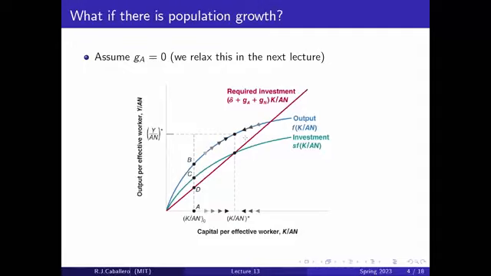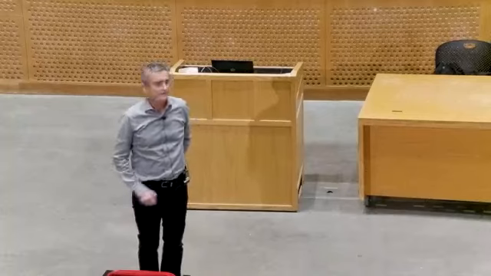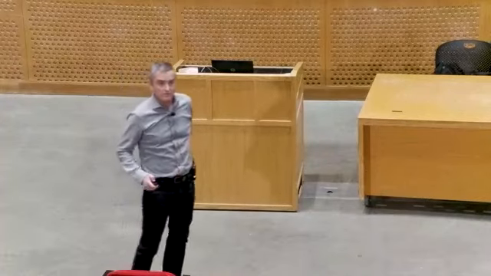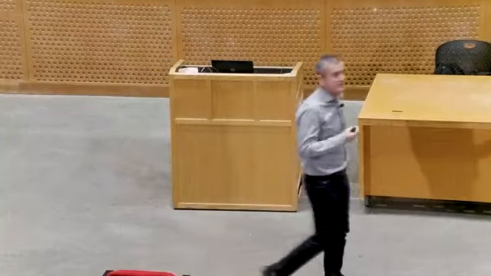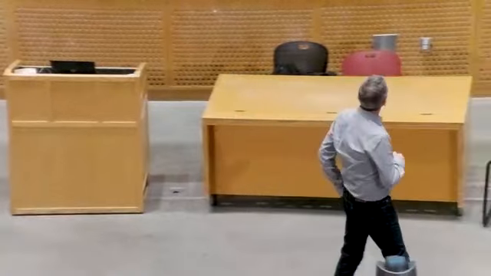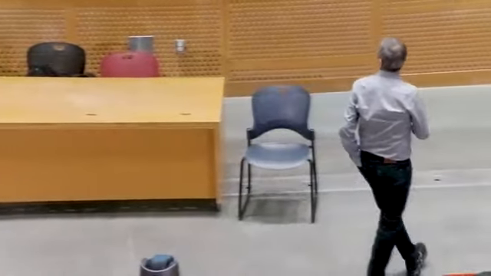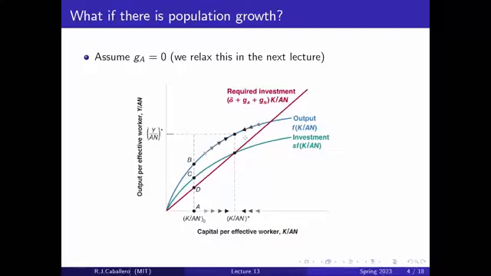That means, okay, so now we have that line there. So what happens at the previous steady state stock of capital per worker at this level? Is that a new steady state? No. But what happens in particular? Suppose that you are here, and now I rotate the red line up. Okay?